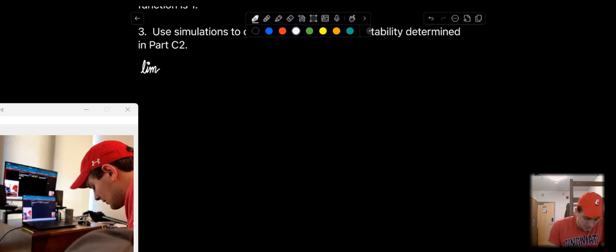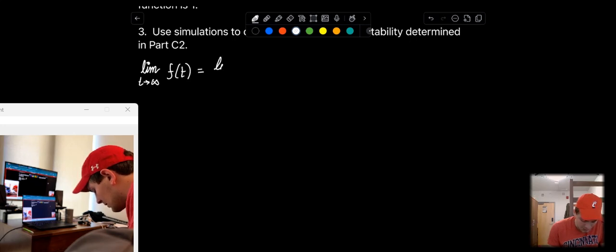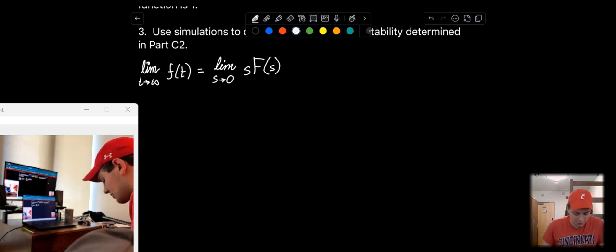What the final value theorem says is that the limit as t approaches infinity for some function of time is going to be equal to the limit as s approaches 0 of s times the Laplace transform in the s domain of that function.